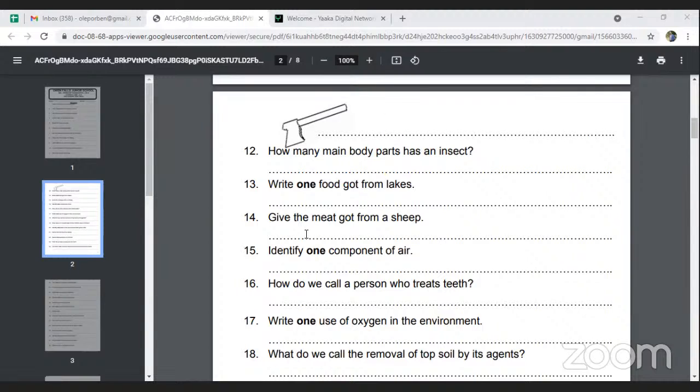How do we call a person who treats teeth? What is the answer? A dentist. A dentist, correct. Shemaya, 17. Shemaya, read that question.